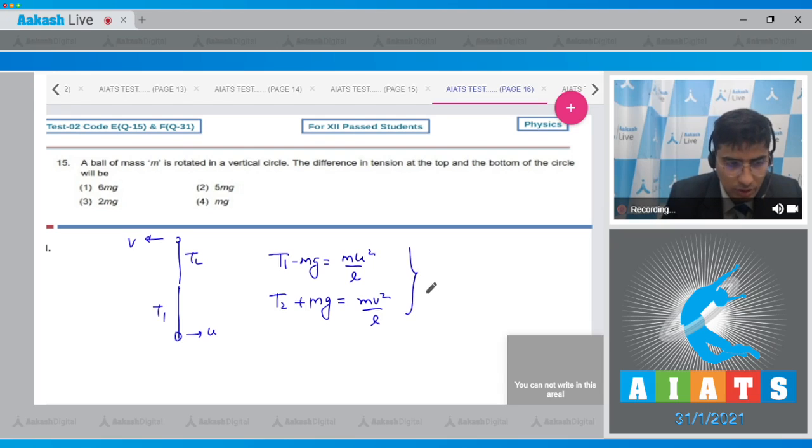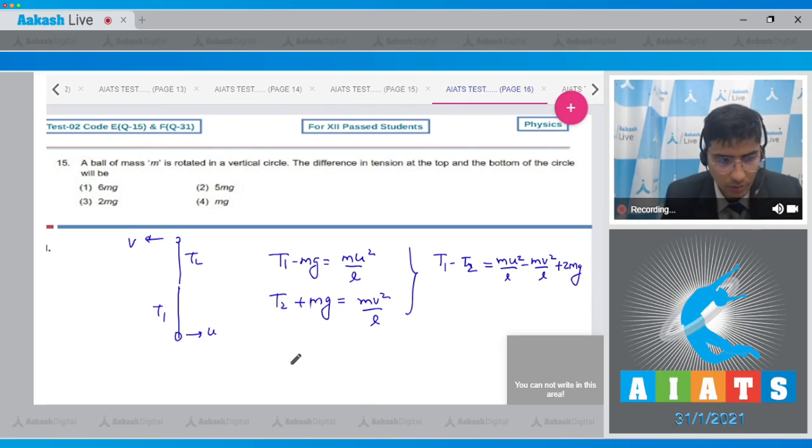Subtracting these two equations, what we get is that T1 minus T2, dear student, will be equal to mu square by L minus mv square by L plus 2 mg. Now, dear student, from the work energy theorem, the change in kinetic energy, that is half mv square minus half mu square, will be equal to minus mg into 2L.